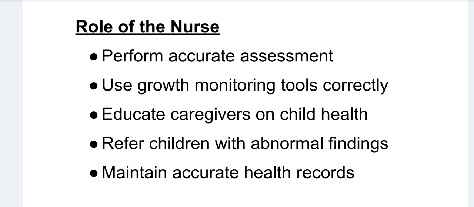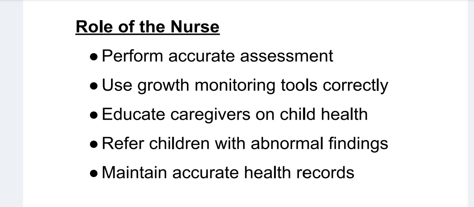Educate caregivers on child health. You need to give IEC, which is Information, Education, Communication, meaning health education, to the caregivers. Whenever you see anything that is not done in the correct way, you address it. Refer children with abnormal findings.